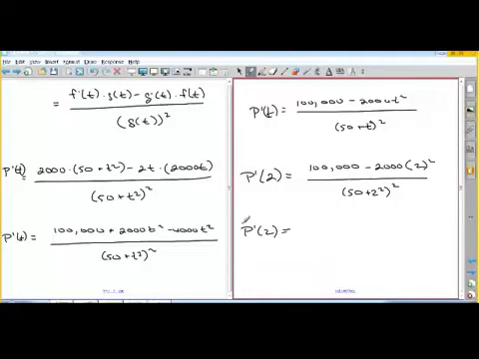And we get that in the calculator. So 100,000 minus 2,000 times 4 is 92,000, divided by 50 plus 4 quantity squared. And when we do that, we get 31.6.